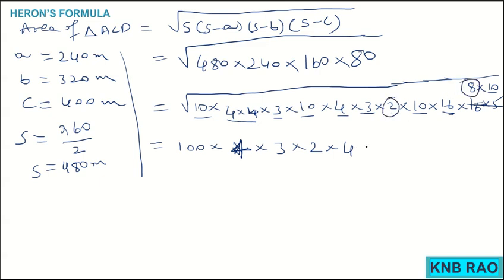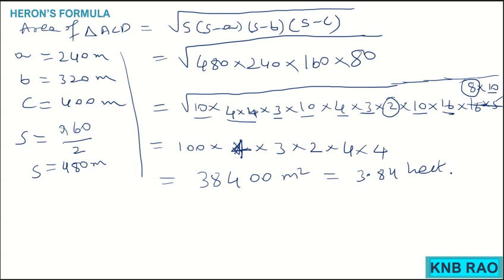This 2 into 8 is again 16. It is a perfect square only. So it gives 4 outside. So nothing is left inside of the square root. All the factors have come out. So now the product of this, we have got 38,400 meter square. Now if I convert it into hectare, it becomes 3.84 hectare.